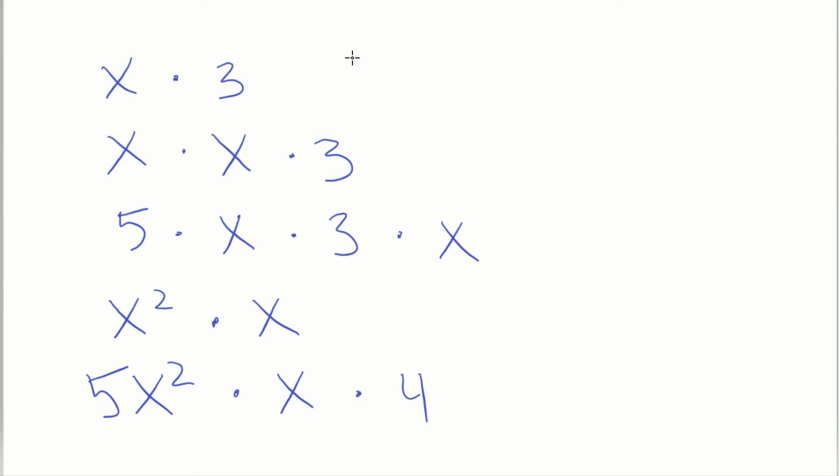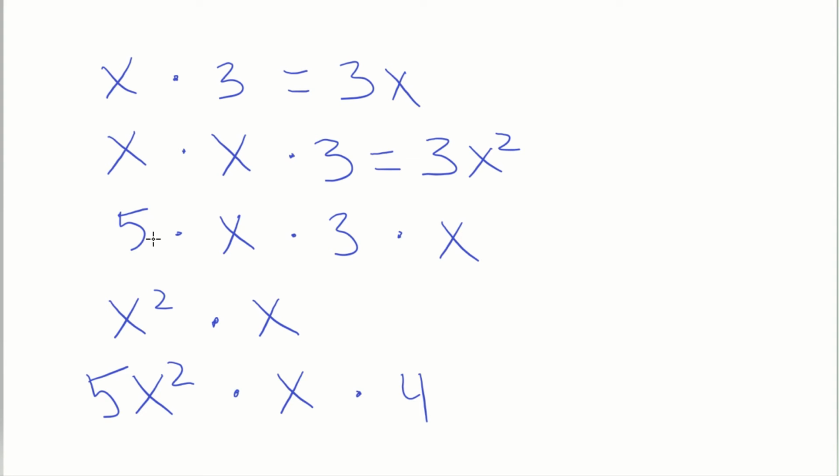Okay, so here's some examples when you're multiplying with variables. So this one, x times 3, you can write that as 3x. This one here, you can multiply all these together, but x times x is x squared, and then it's times 3. So you always put the number first. So you're going to go 3, and it's x squared.